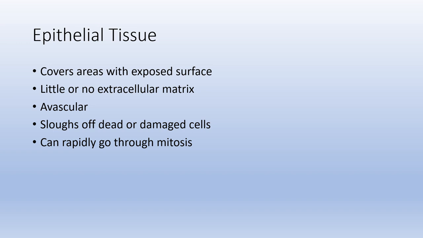So farther away from those blood vessels in the underlying tissue, the cells are going to start dying. Epithelial on that exposed surface tends to slough off dead or damaged cells. Epithelial tissue tends to be able to go through mitosis rather quickly, meaning it's able to reproduce cells, whether they be damaged, injured, die off, etc. They can repair that rather quickly.